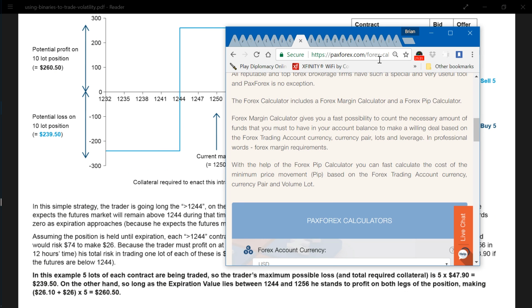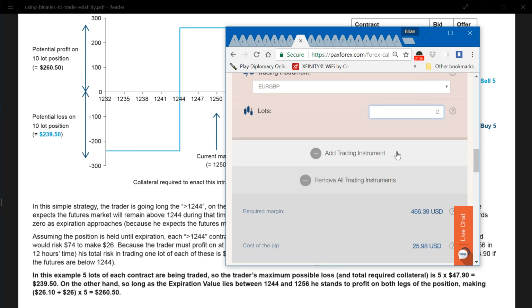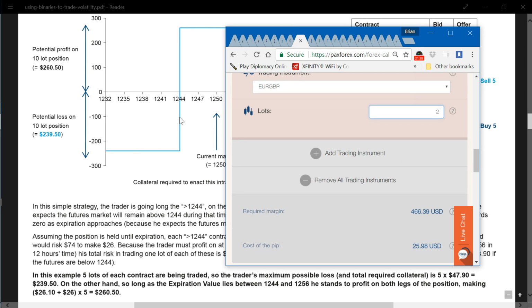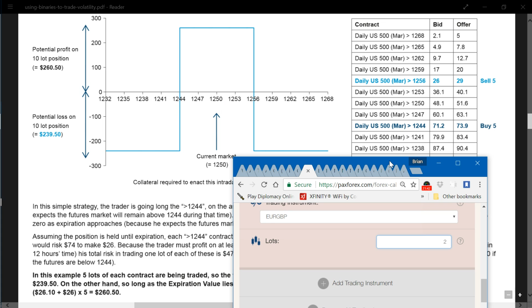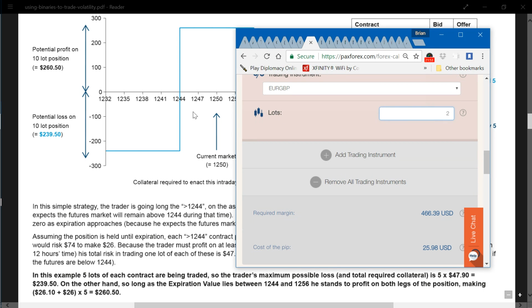47 to 44, which is 3 pips basically. Now, we're trading ES right now, we're actually trading indices, so that is calculated differently than a currency pair. But let's just say, for mathematics' sake, that it was 3 pips.